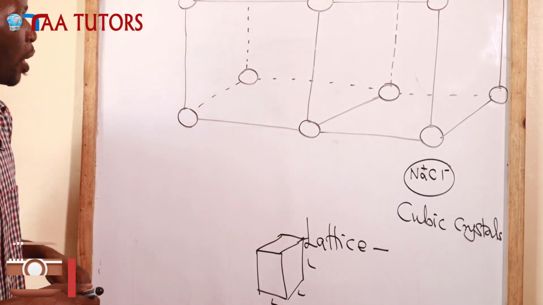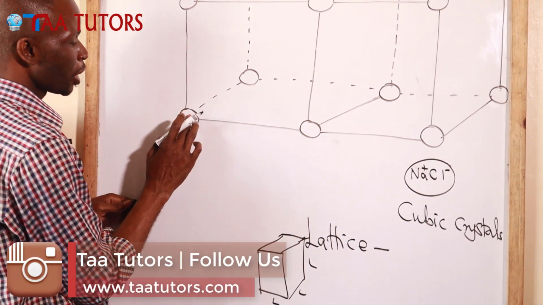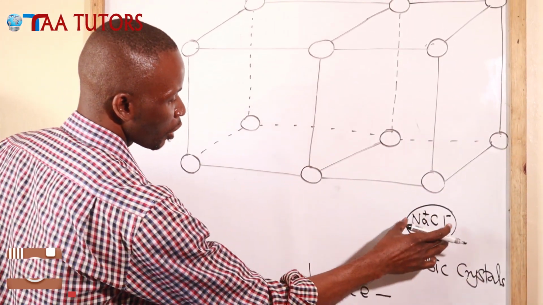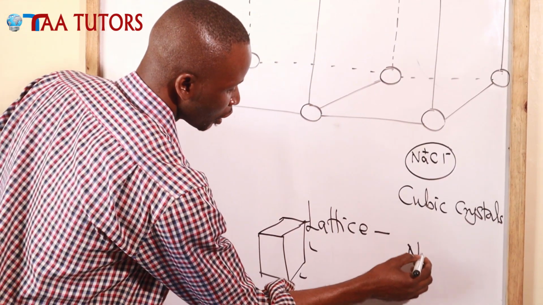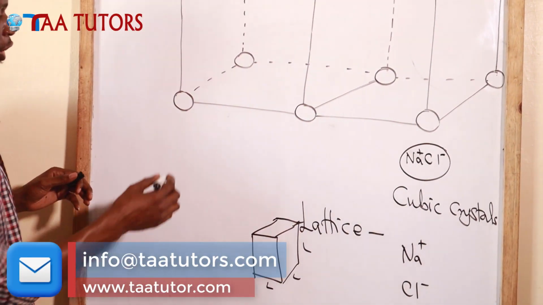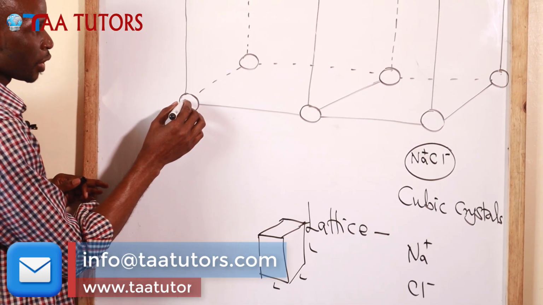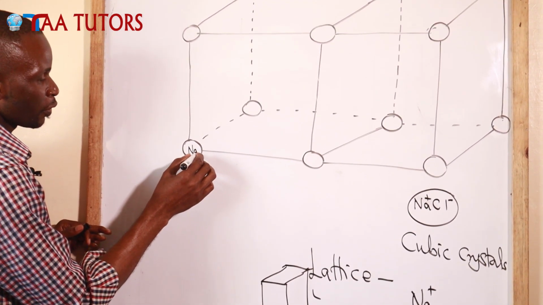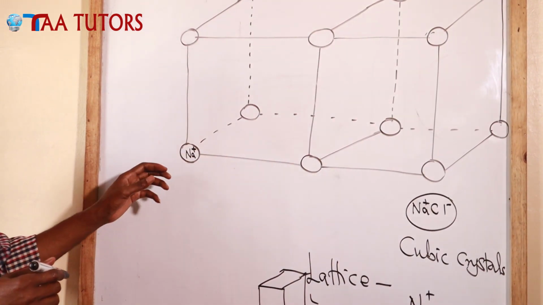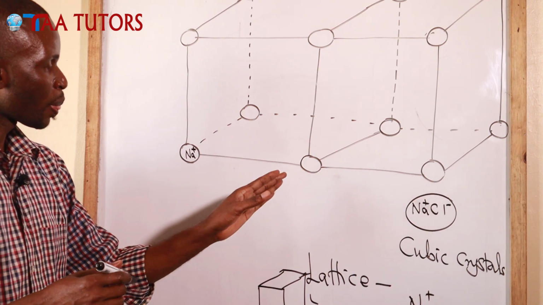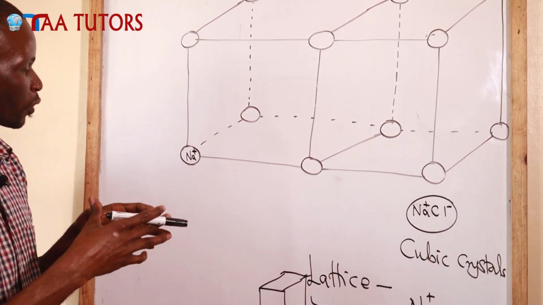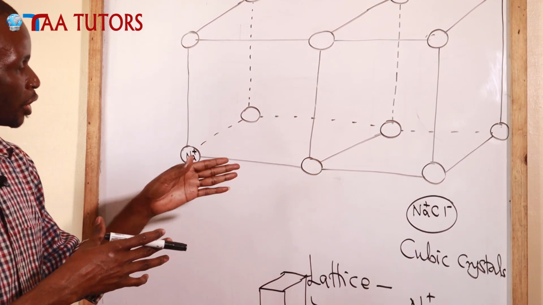Now, these circles I've drawn here are the ions. They are going to represent our ions, and in this case we are talking about sodium chloride, so we have sodium ions and chloride ions. If I start by saying that the first circle is a sodium ion, then we said that an ionic bond is the electrostatic force of attraction between positive and negative ions.